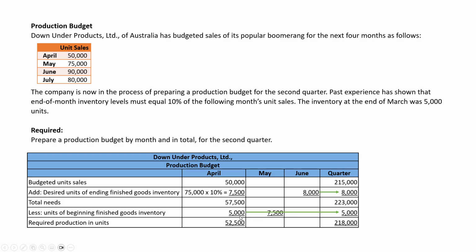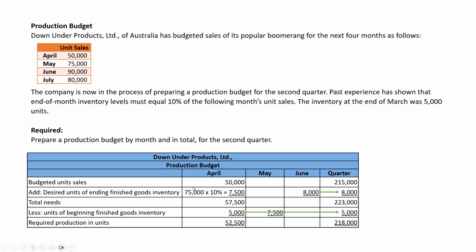So for example, I'm going to start with our units of beginning inventory. Note that this 5,000 in beginning inventory for April is also what I slid over to be the beginning inventory for the quarter, because April is the first month of the second quarter. So the beginning inventory for April is going to be the beginning inventory for the quarter.